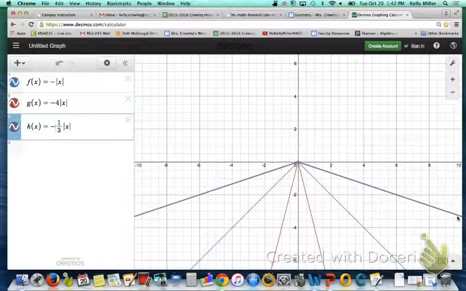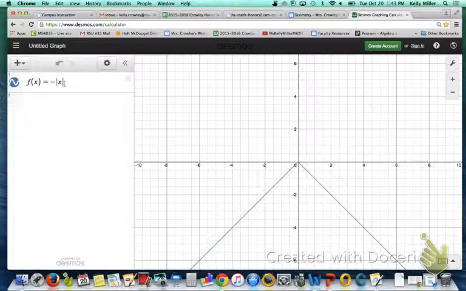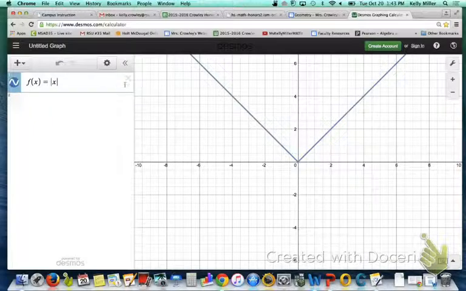Let's do our horizontal stretches and compressions. So that's why we had to make sure that we had it between 0 and 1. All right, so horizontal stretch, compression. All right. Let's go back to that f of absolute value of x.